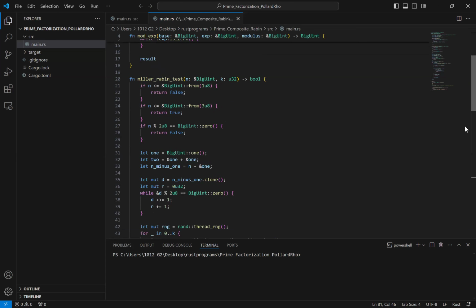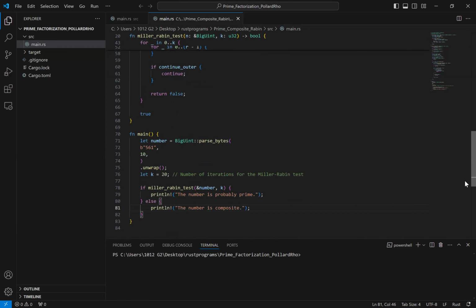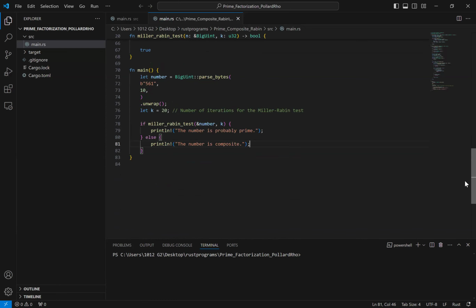My main function is here. I've put it here. This is my main function, where I input the number. I think I tampered with it last time. Let me just see if it runs.